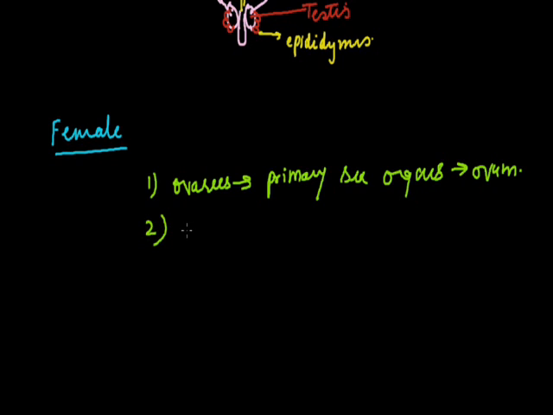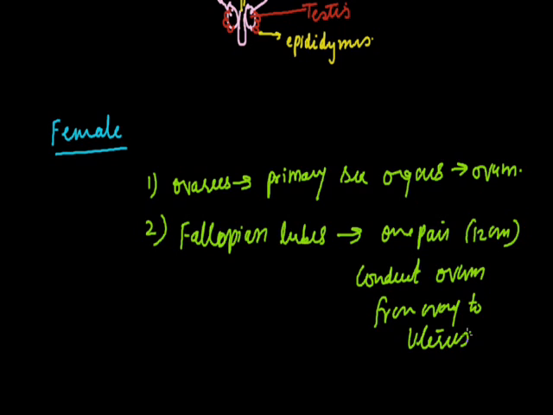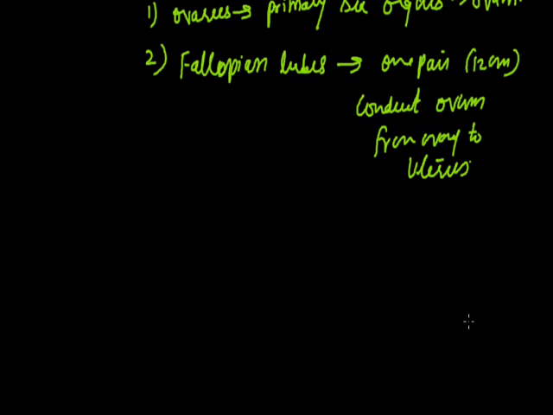The next part of the female reproductive system consists of fallopian tubes. Fallopian tubes are one pair, around 12 centimeters in length, and they conduct ovum from ovary to uterus. It is the site of fertilization. The fertilization takes place in fallopian tube only.